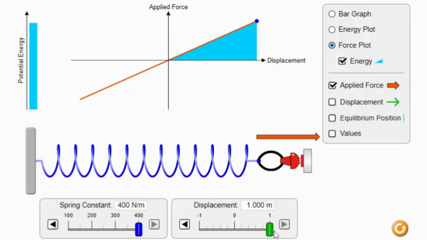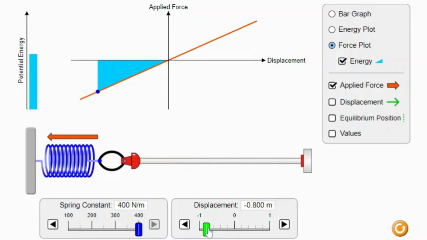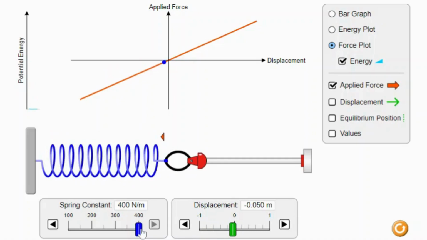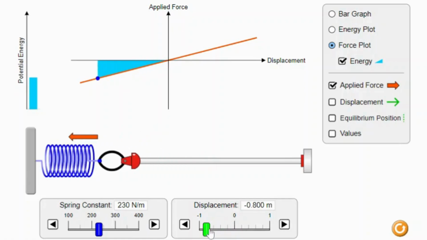The simulation on the relationships between applied force, spring force, displacement, and equilibrium is a valuable educational tool that brings the principles of Hooke's law to life through an interactive and engaging context.